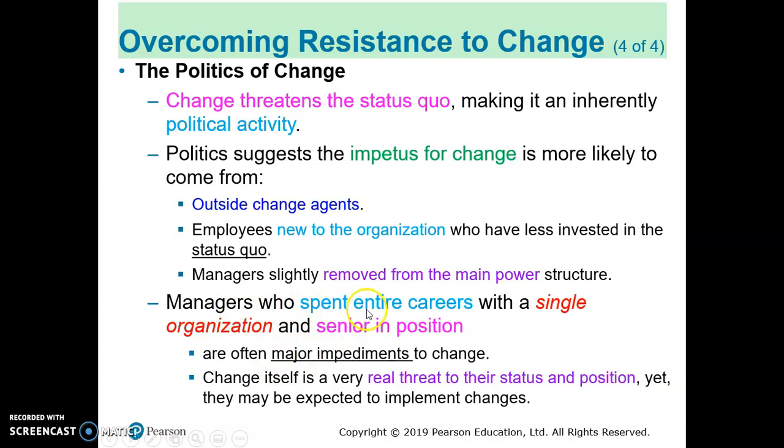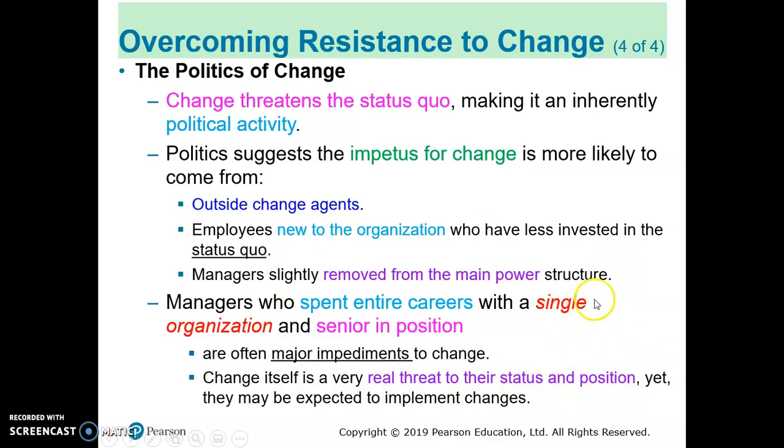Change itself is a very real threat to their status and positions.